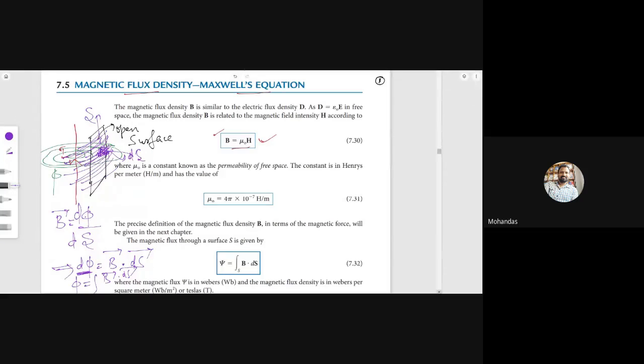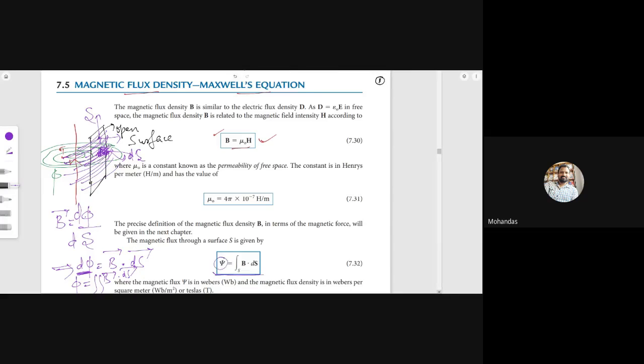Now, is it a surface or a line here? As it is a surface, you have to write a double integral. So what I am trying to say is that the total number of flux lines crossing the open surface area can be calculated by using this formula.